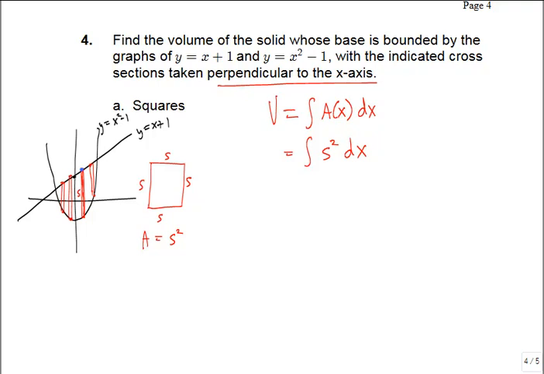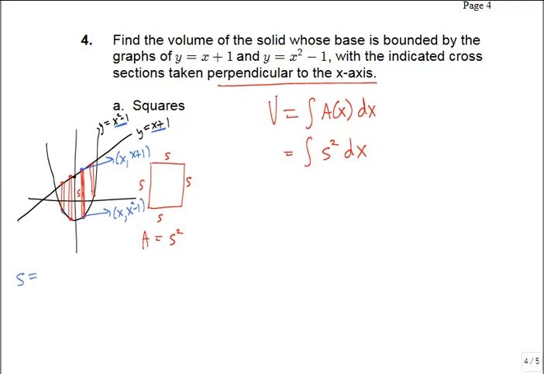We find our points. So I need this point, and I need this point. They both share the same x. The top point is the line, and this is what y is in terms of x. It's just x plus 1. The bottom point is the parabola, and y is equal to x squared minus 1, so that's the y coordinate of the bottom point.